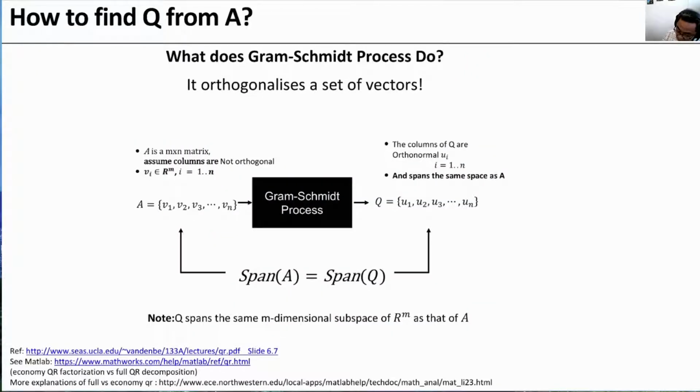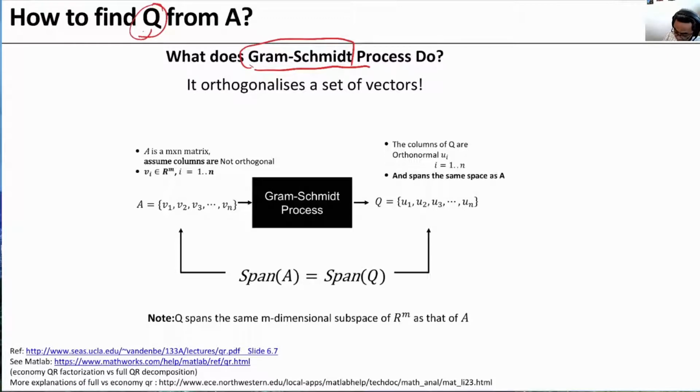Lastly, how do we find Q from U? In this linear algebra course, we'll only teach you one of the three methods available. The method we are going to teach is the Gram-Schmidt decomposition.